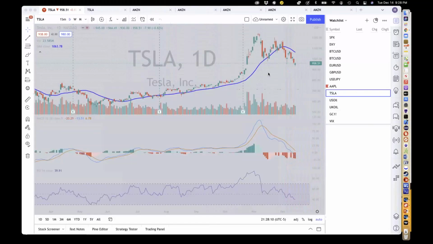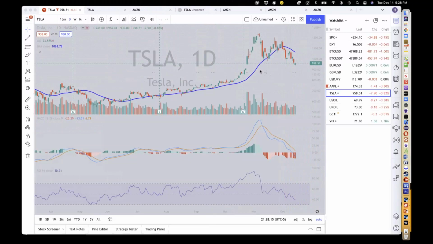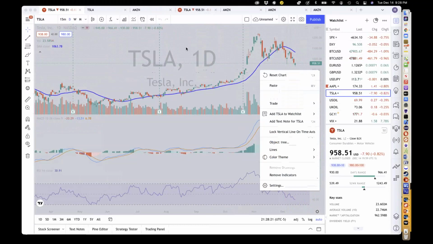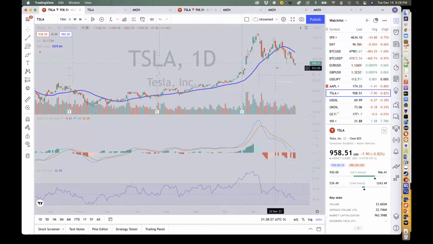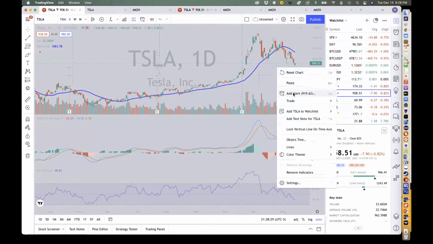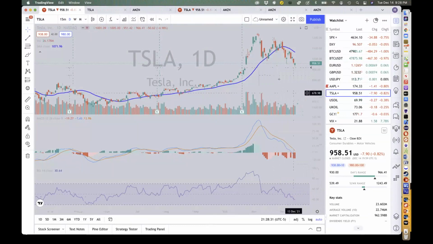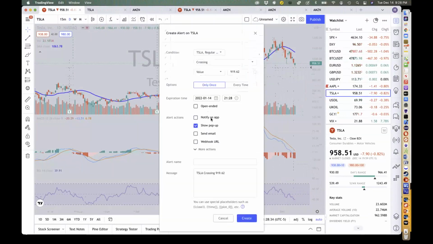Is this a paid product, Coach? Is it a subscription for TradingView, or can you get a free account? Yeah, you can go here and then set an alert here. And if you have the app on your phone, you will get a pop-up on your phone when your alert is hit.